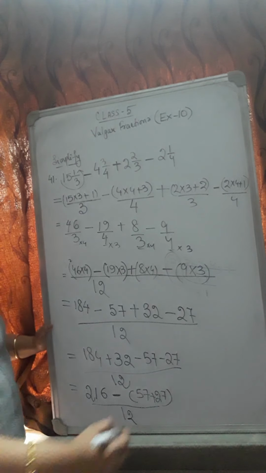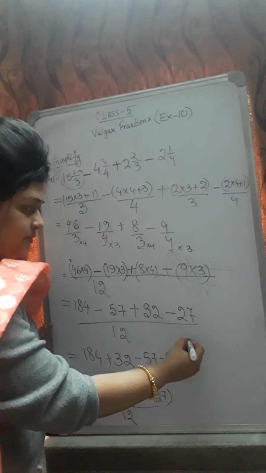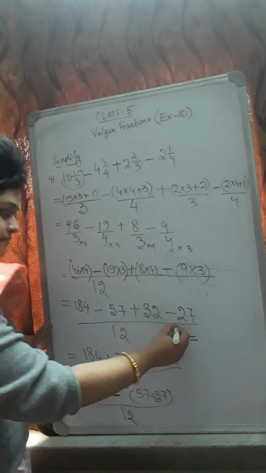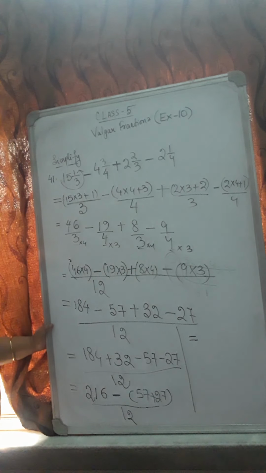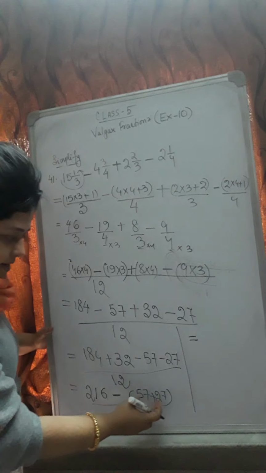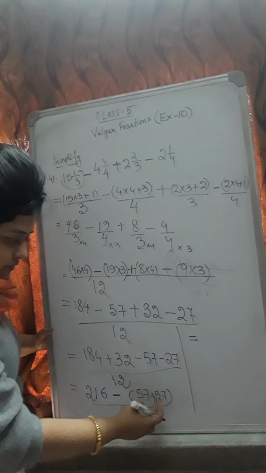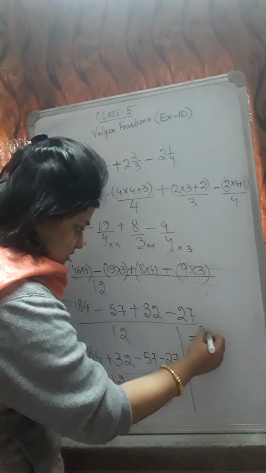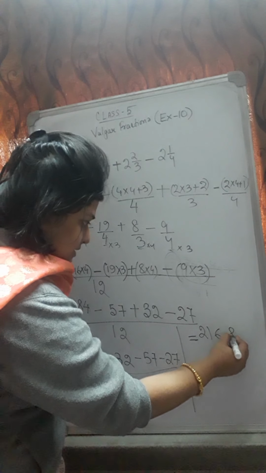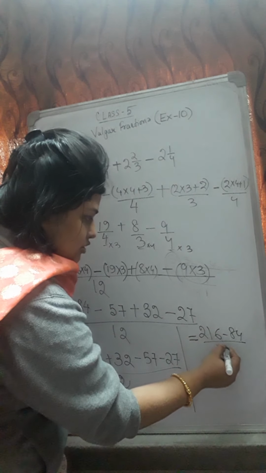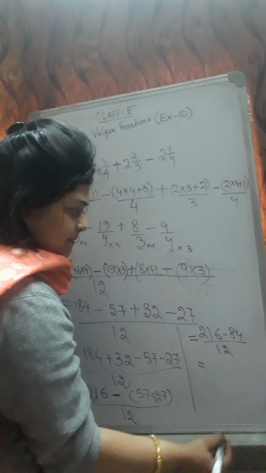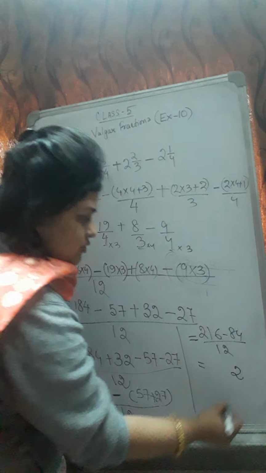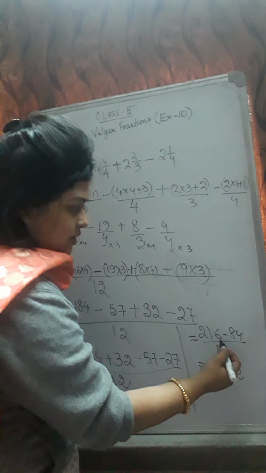So I am doing it from here. So 216 minus 57 plus 27. Now you add it up. 50, 60, 70, 84. So 216 minus 84 divided by 12. Now you finally do the subtraction.